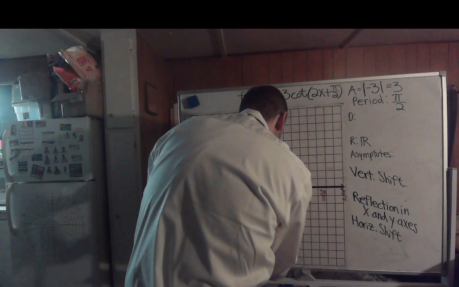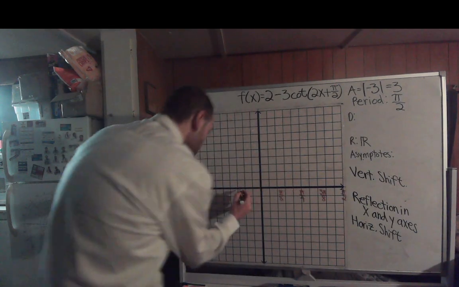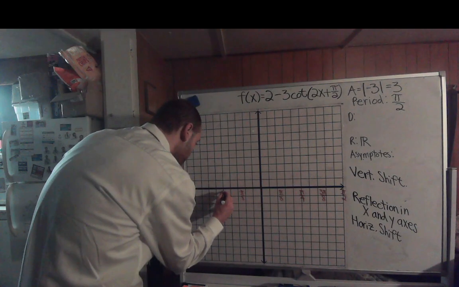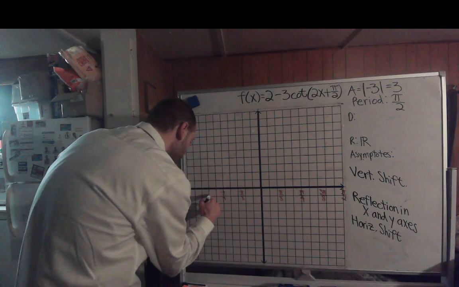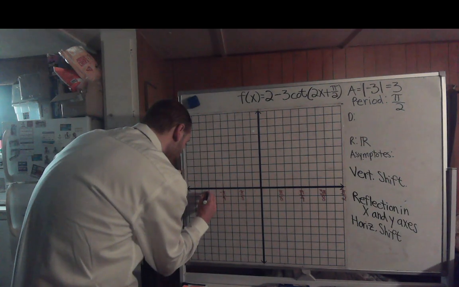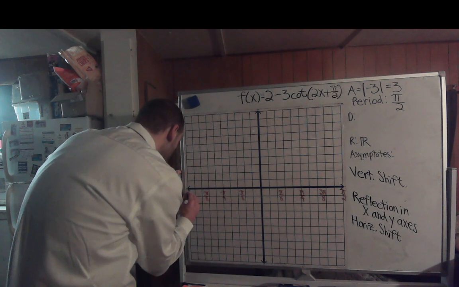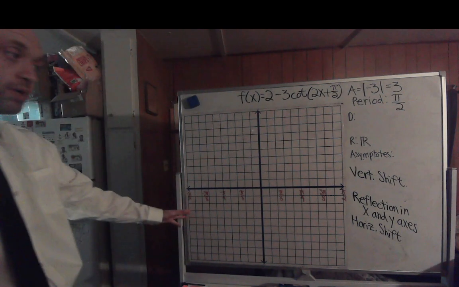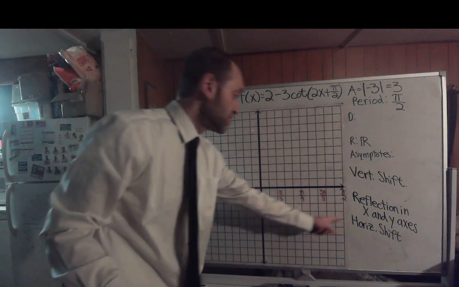Here's pi over 8. All right, negative pi over 8. Negative pi over 4. Negative 3 pi over 8. And then negative pi over 2. All right. All the critical points are labeled from negative pi over 2 to pi over 2.